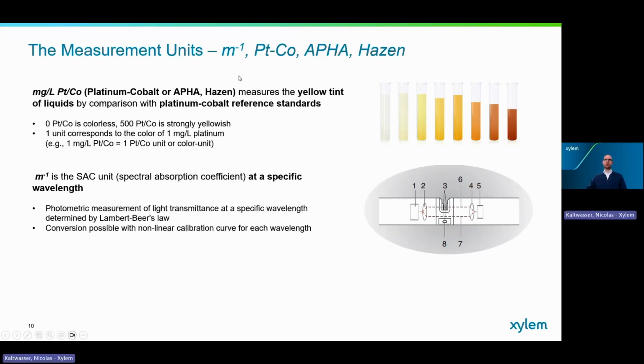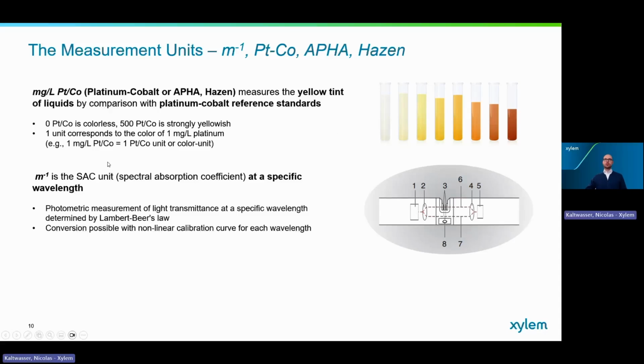It measures simply the yellow tint of liquids by comparison with platinum cobalt reference standards. And you can see that here on the right: when you have 0 milligram per liter platinum cobalt, it's basically colorless, and when you increase to 500 milligram per liter platinum cobalt, we get a very strongly yellowish color.